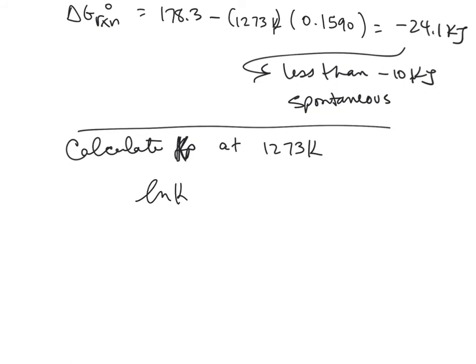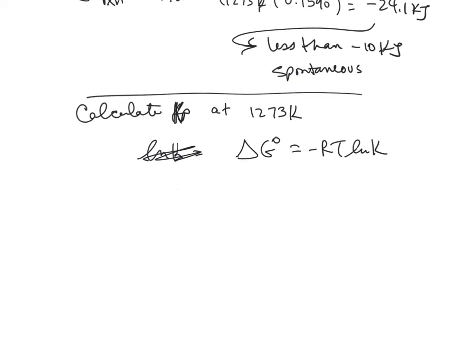Delta G is equal to negative RT ln K, so ln K will be equal to negative delta G divided by RT, and so this is negative 24.1 kilojoules.